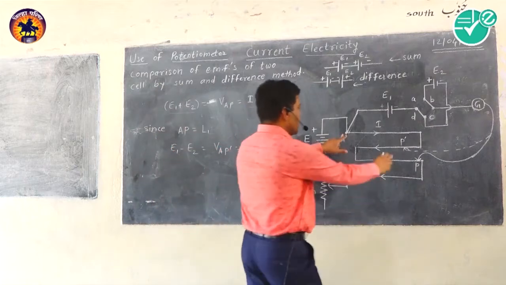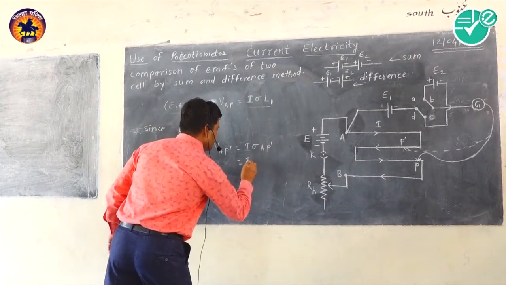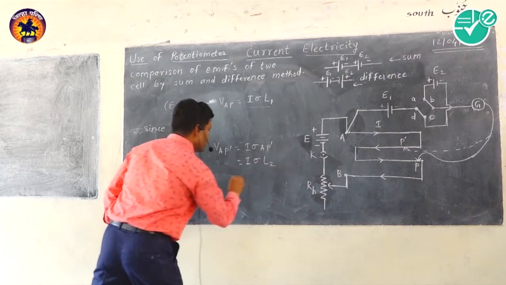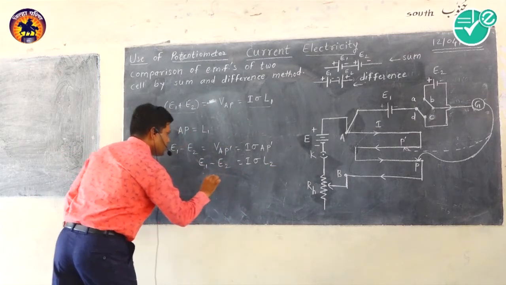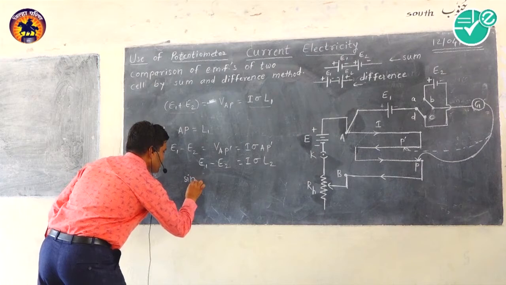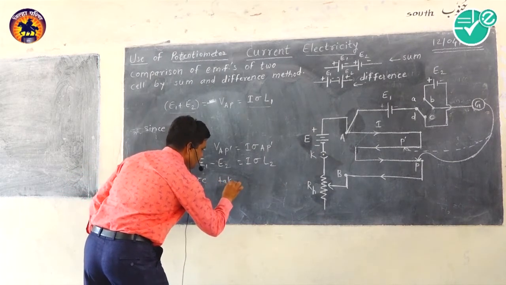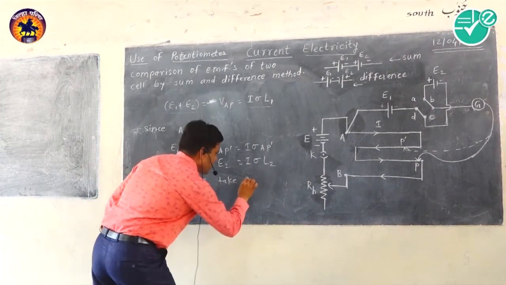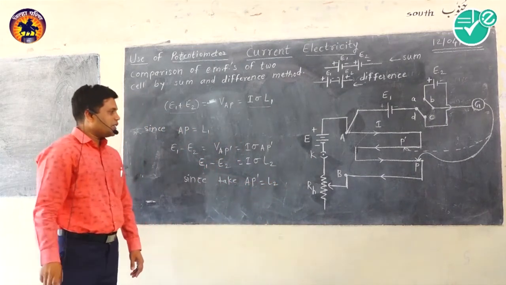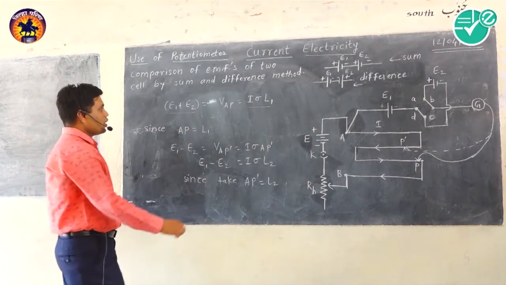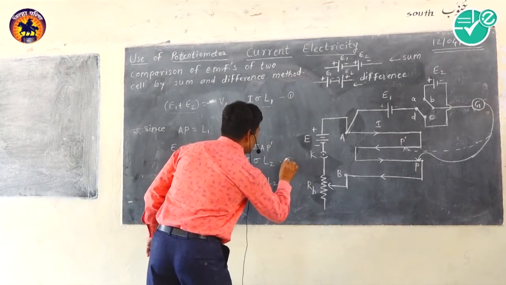We take AP dash as L2, so it is I sigma L2.